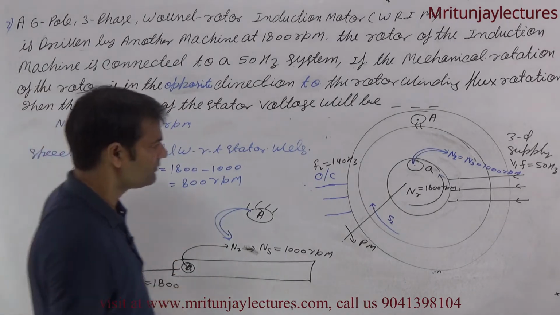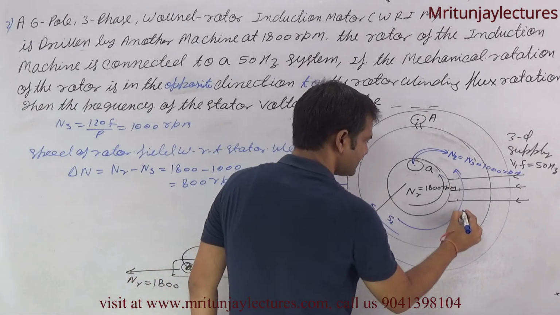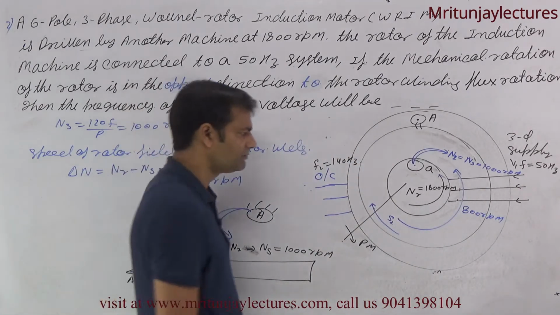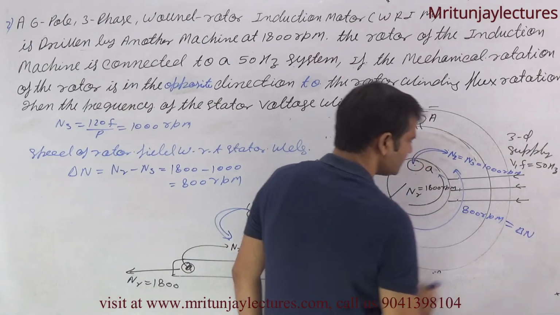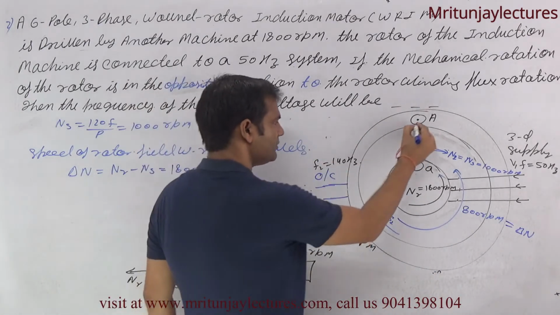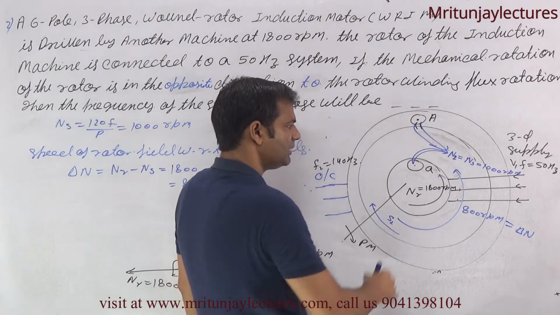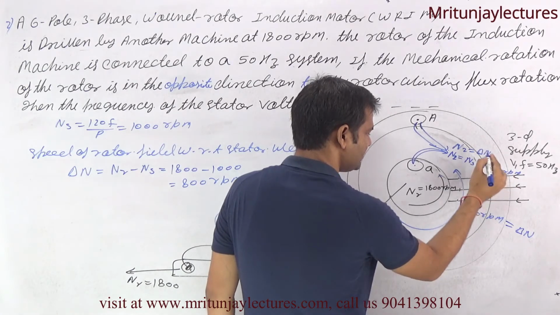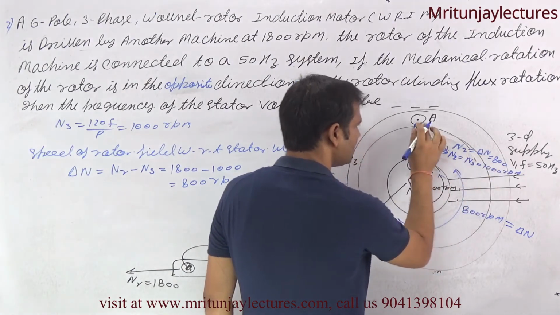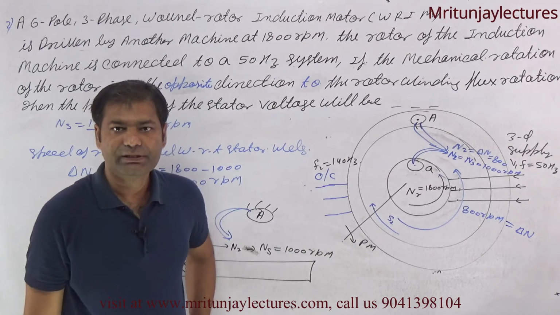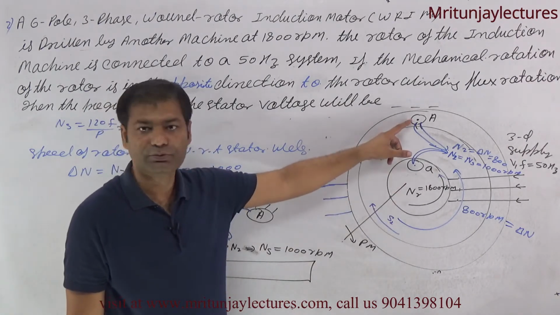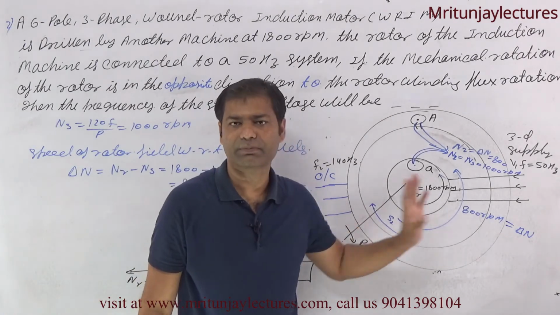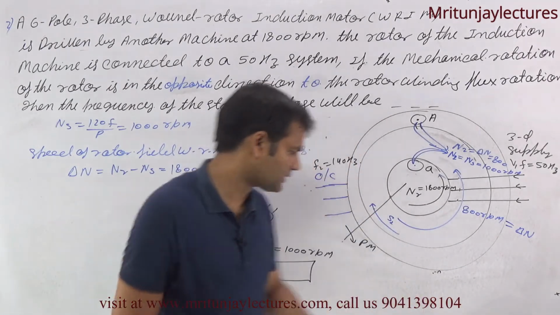And the net direction is that of 1800 rpm. Clear? That is delta n. It means n2, the speed with respect to stator winding, is how much? 800 rpm. Clear?